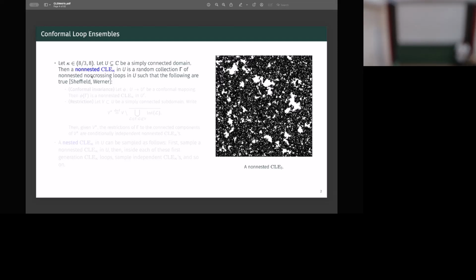And non-nested means... maybe you can change the slides. Sometimes when you just put it a bit more.